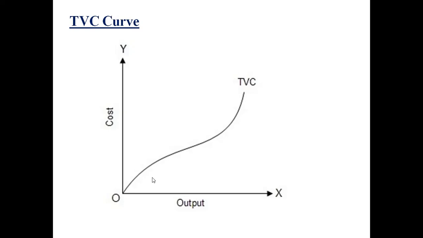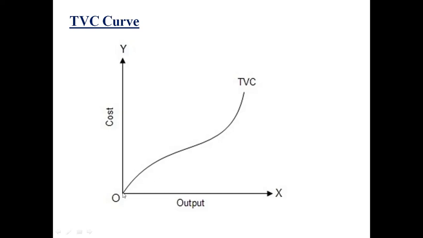Now you can see that TVC is increasing out here previously, it is continuously increasing, and again now it goes flat. Now again it increases very steeply. So this steepness, you can see it out here.